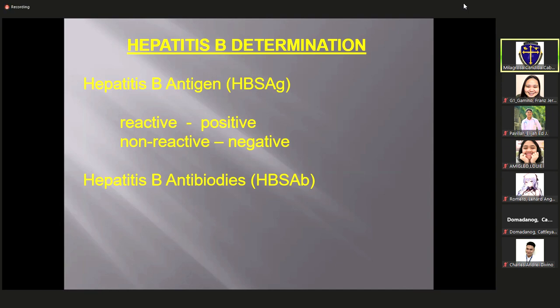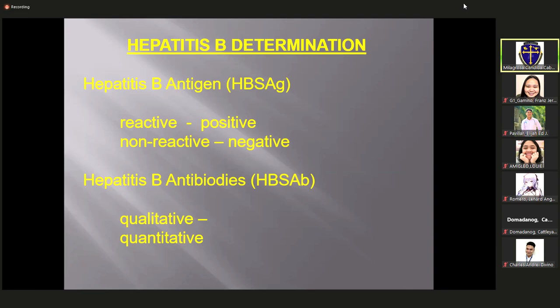So we have here hepatitis B antibodies, HBsAg, qualitative and quantitative. Dito nakikita ngayon, kung positive ang result mo or reactive, means you are immune and protected against Hep B and cannot be infected. So, you have already antibodies, no?